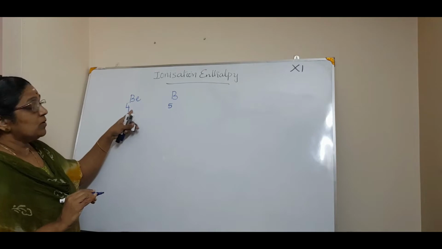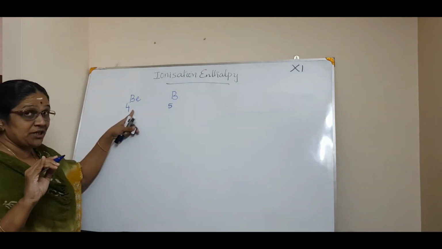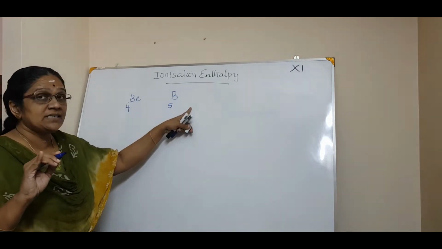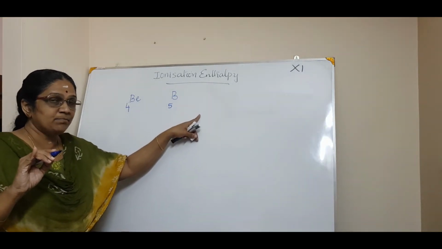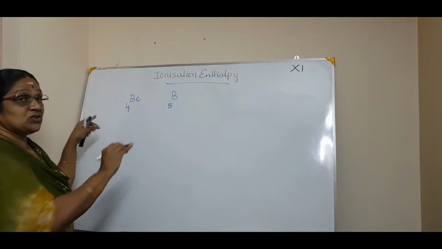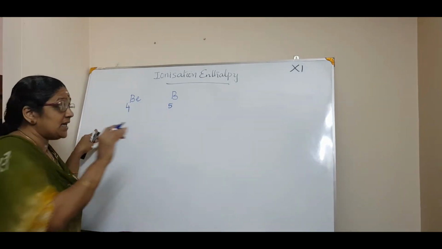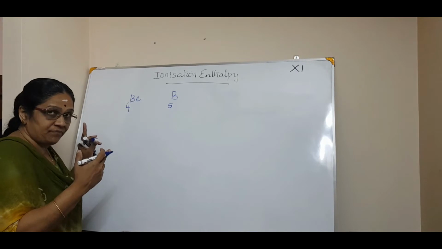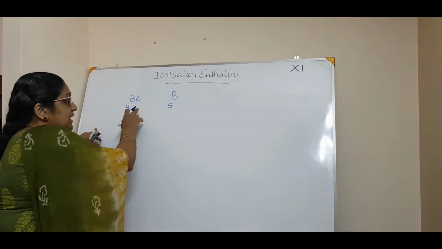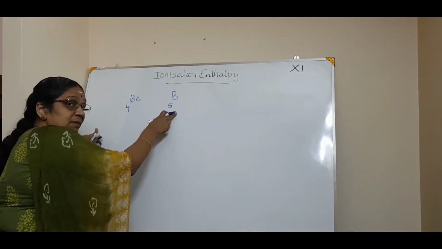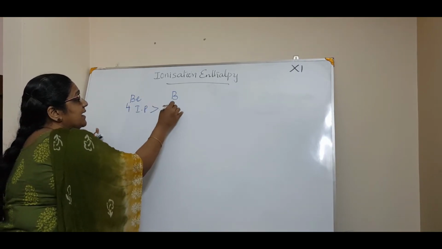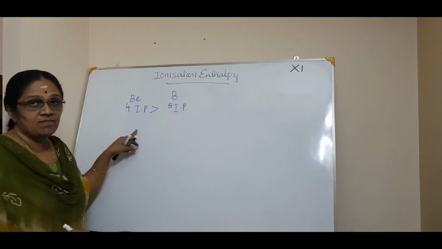So now if you take ionization enthalpy, we say that from left to right in a periodic table, the IP increases. But in that case, boron should have a greater IP than beryllium. But when you consider beryllium and boron, the IP of beryllium is greater than the IP of boron.